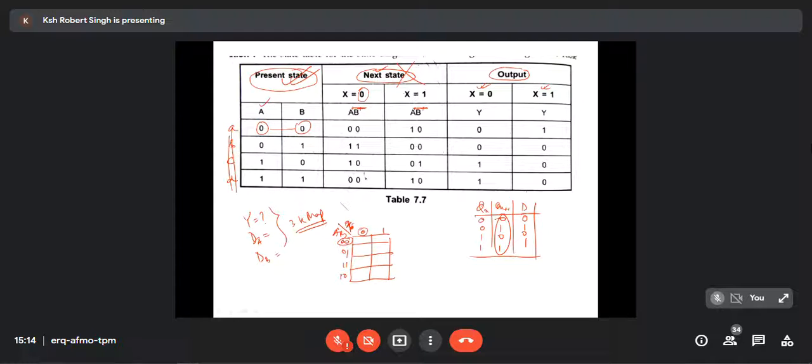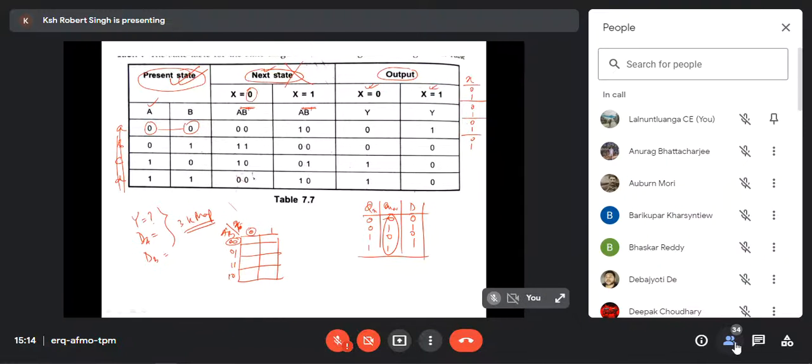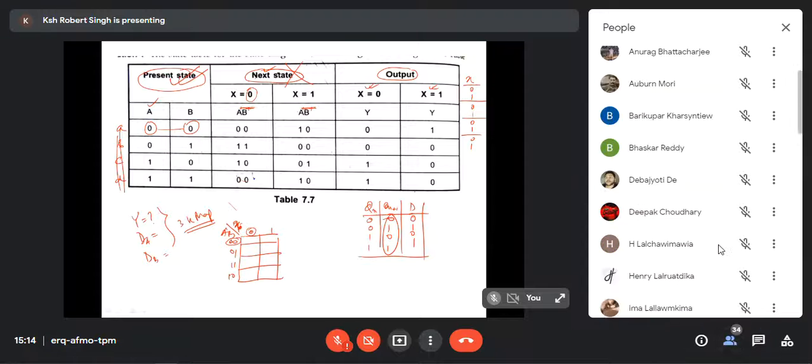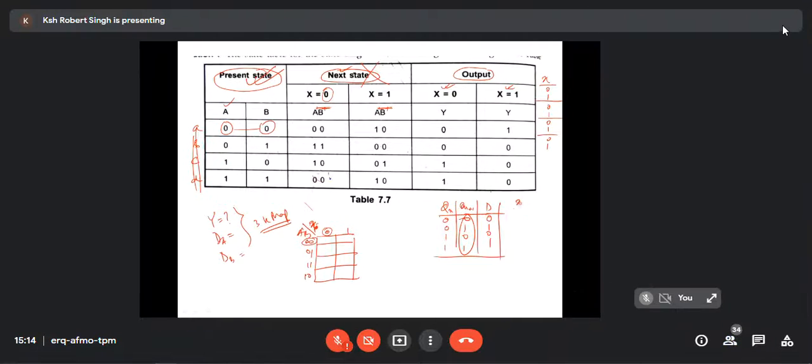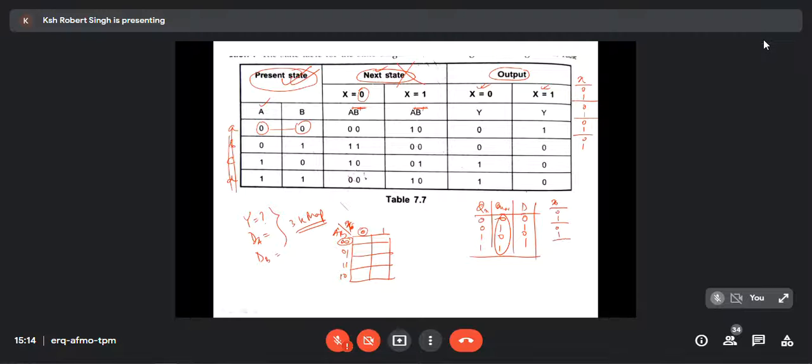Suppose, as I said, instead of writing the truth table like this, if you happen to write the truth table with X sometimes 0, sometimes 1, 0, 1, 0, 1. Can you understand what I'm saying? Instead of writing like this, if I write X as 0, 1, 0, 1, 0, 1, 0, 1 like that, and we will write here DA, DB, like that.